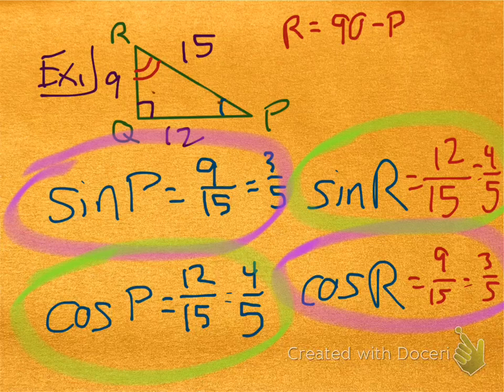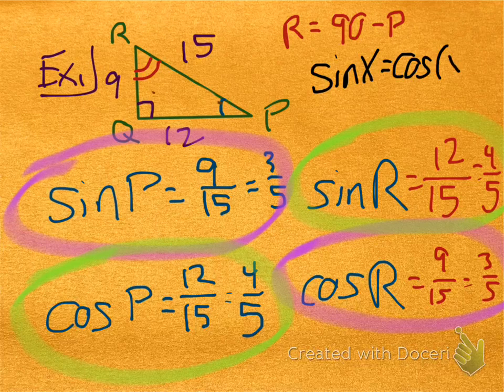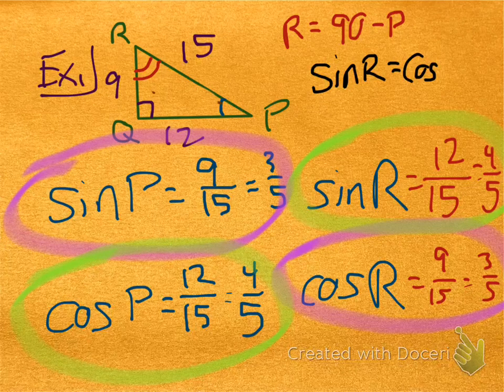So we can generalize this by saying, let's keep the same letters, P, Q, and R. Sine of R equals cosine of P in this case, right?